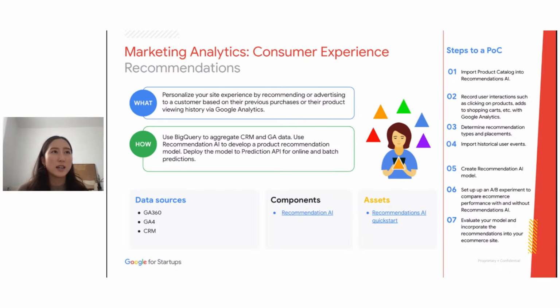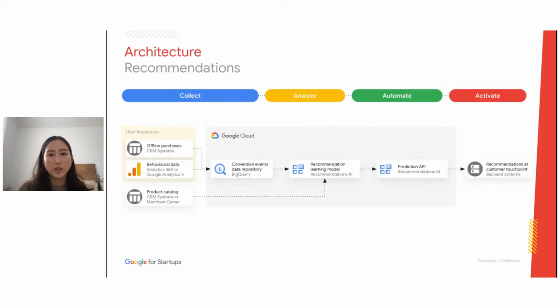You can take that data and put it into BigQuery to aggregate it with your CRM, and then use our recommendation AI suite to develop a product recommendation model, and then use that model to get a prediction API so that you can do online and batch predictions and incorporate that into your web interface.